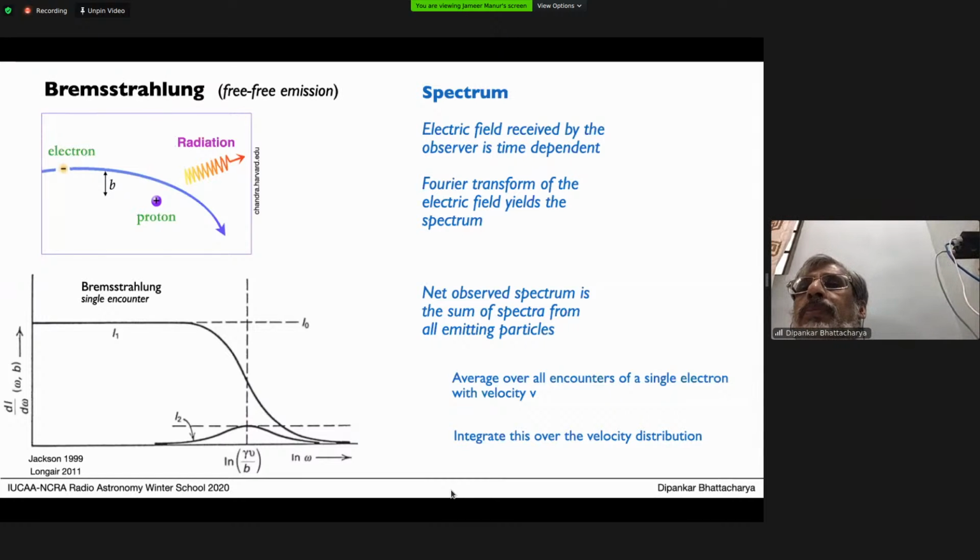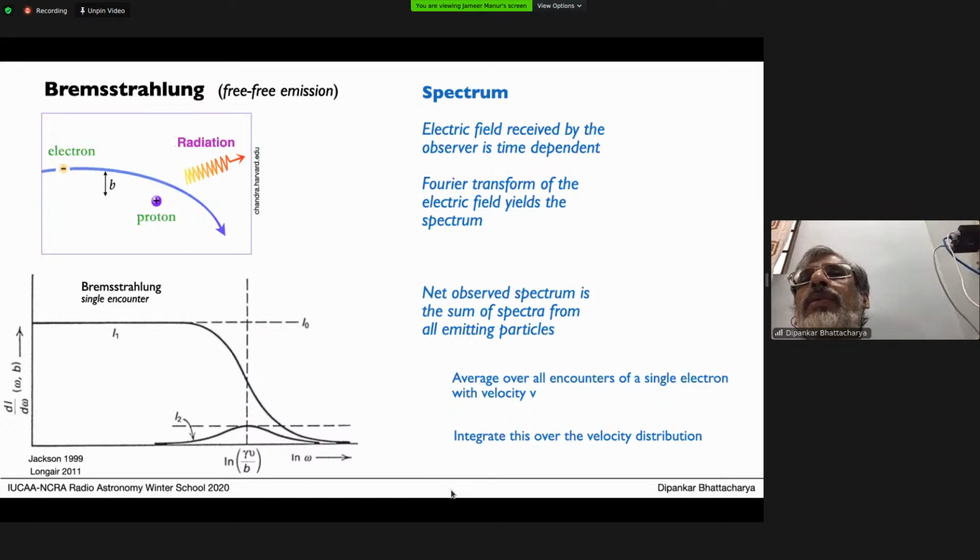There are two components of it: one parallel to the motion and one perpendicular to the motion, and these two components produce these two curves, which you can see on the left-hand side. So the maximum of the emission is around this quantity. The total time of encounter scales as the impact parameter b divided by the speed of the electron, that is v.